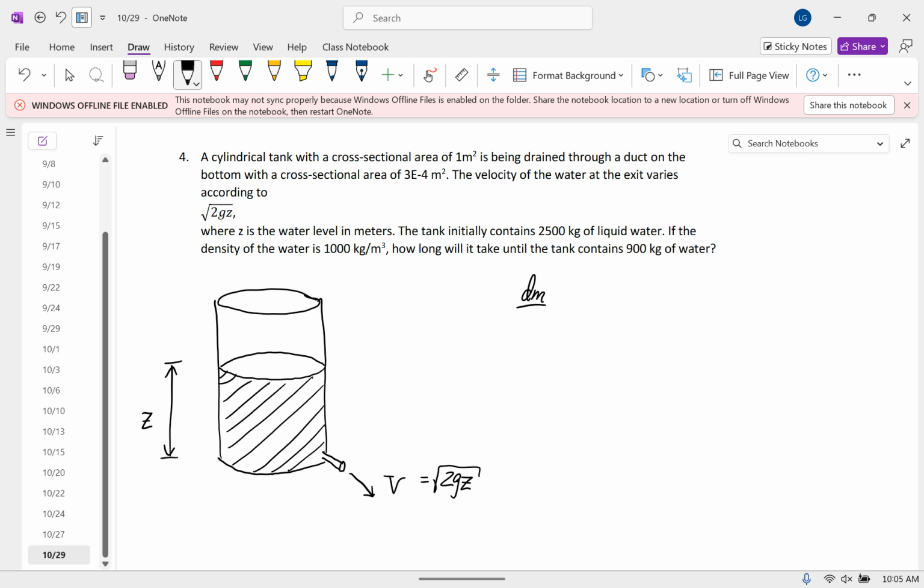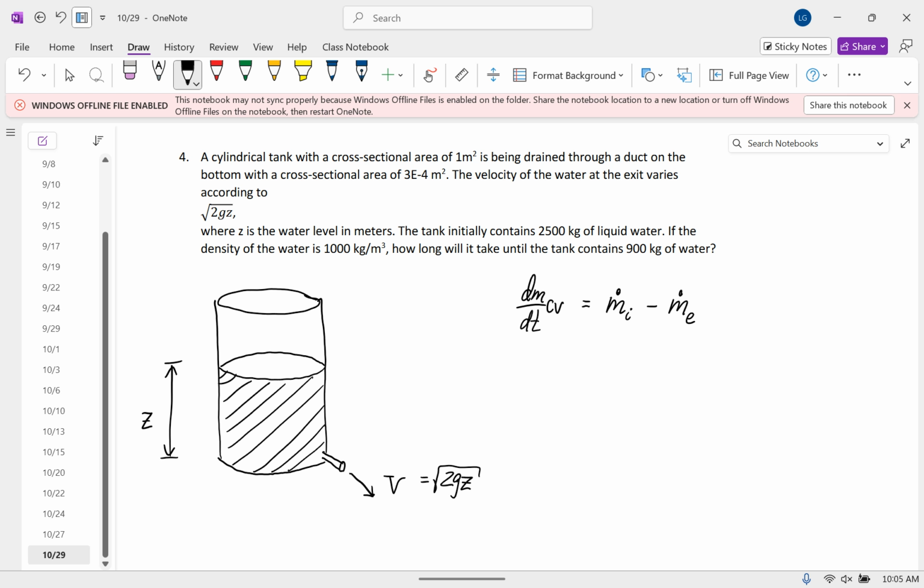So dm dt inside the control volume is equal to m dot at the inlet minus m dot at the exit. Is this steady state? No, right. The mass inside that cylinder is changing, so we have to keep everything here.